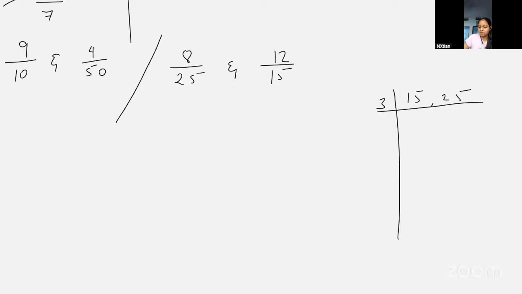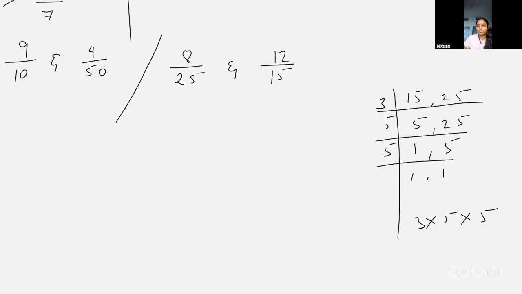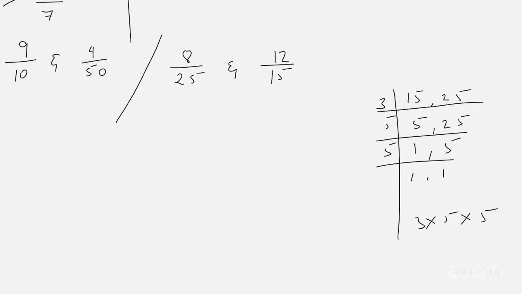3 times 5 is 15, 25 is 5 times 5. So 3 times 5 times 5. What was the LCM that you got, Eva and Joshua?